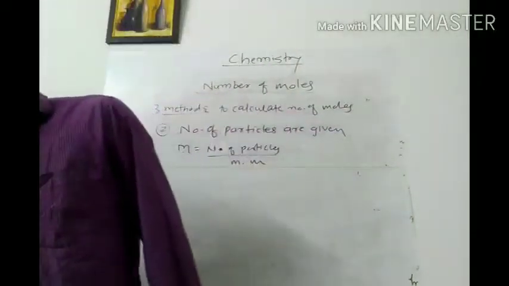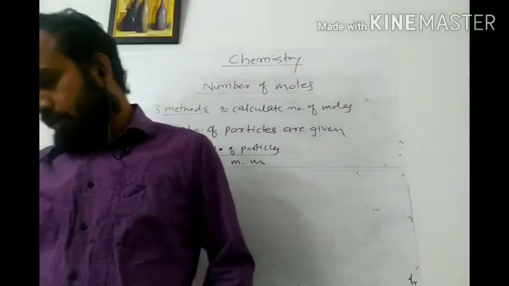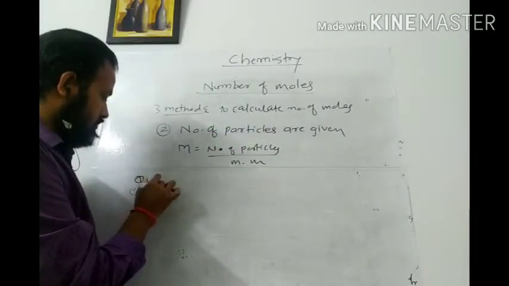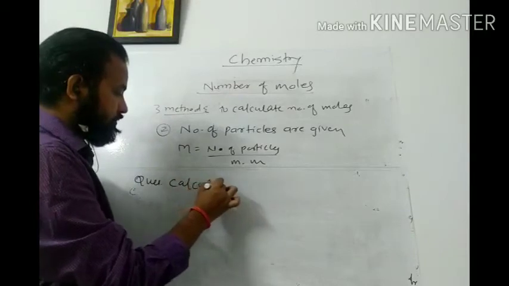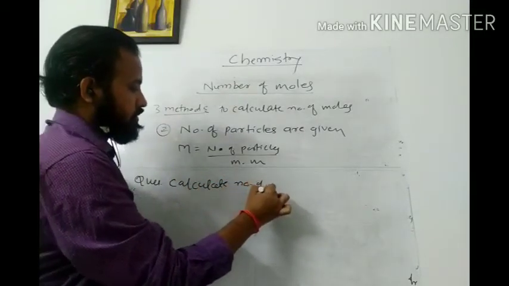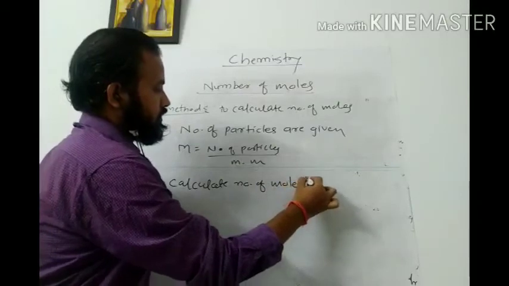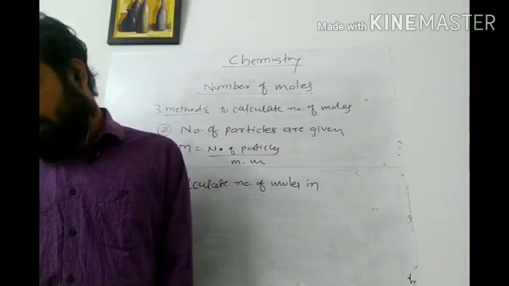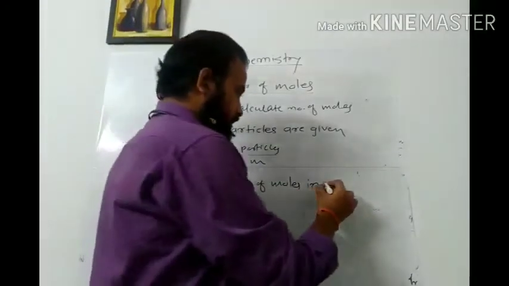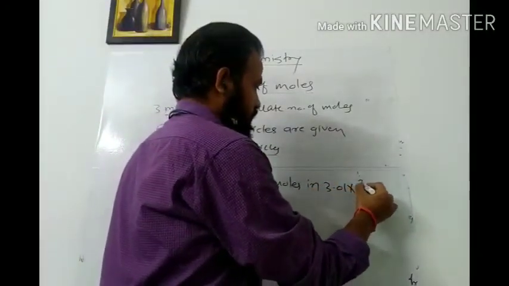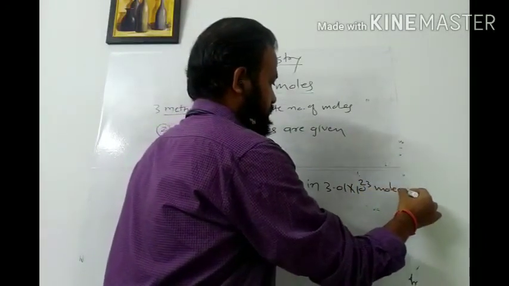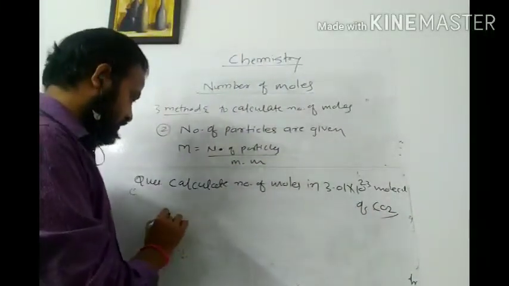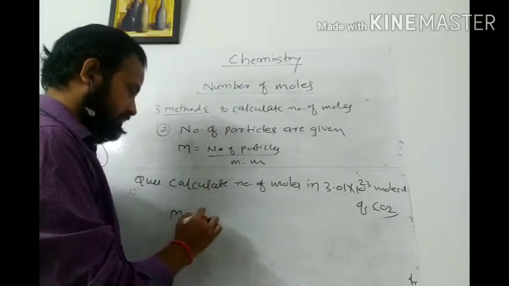Now you will see one more example. Calculate the number of moles in 3.01 into 10 raised to 23 molecules of CO2. Here, in the formula, number of moles equals number of particles divided by molecular mass.